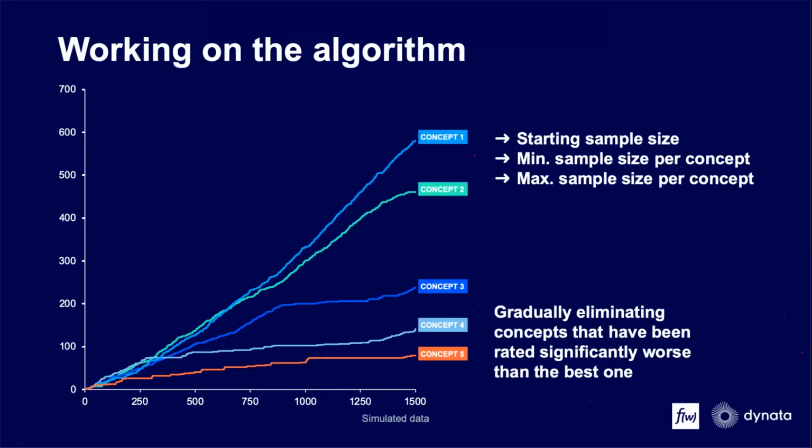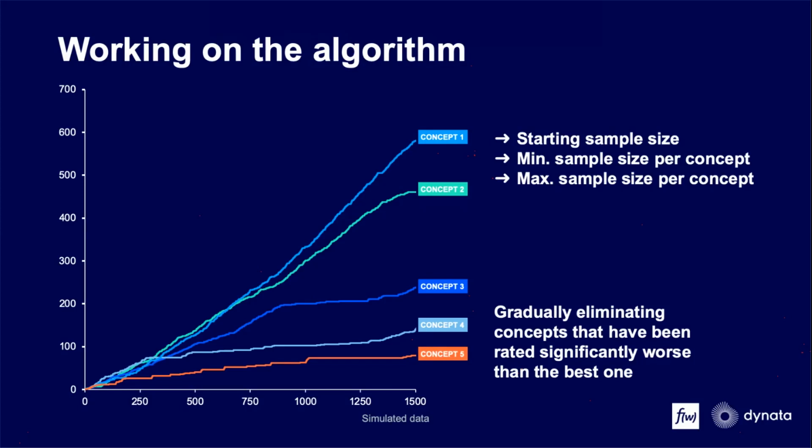So we tweaked the algorithm and built upon these principles of the Bayesian Bandit, but we optimized for our market research purposes and created our own algorithm out of it. One thing that we did here is that we established a starting sample size to be achieved before the algorithm starts to learn and before it does its magic. That is, for example, that it has a few observations per concept to have a baseline understanding per concept to start with.